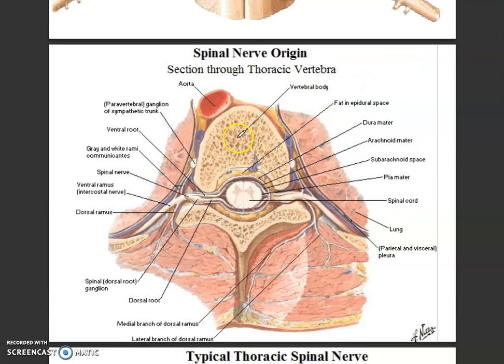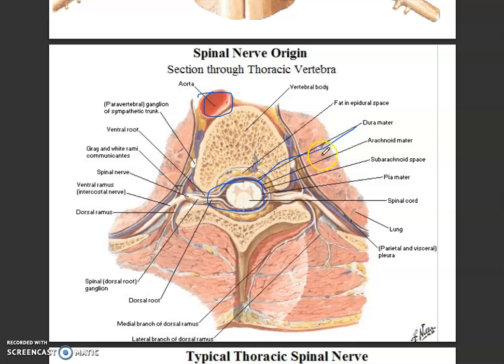And here you can see this is a spinal nerve origin, and here you can see this is the spine, and the aorta is present anteriorly, and there is dura mater present here.